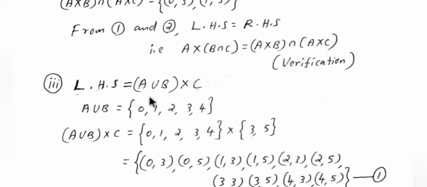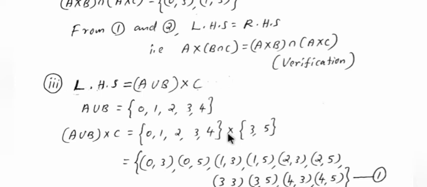Then find out the whole LHS, A union B cross C. First write A union B. This is the set 0, 1, 2, 3, 4. Then put this cross. Then write the set C. C is, we know that 3, 5.